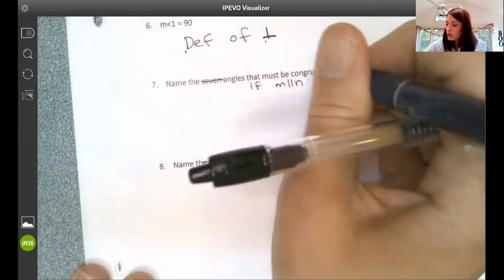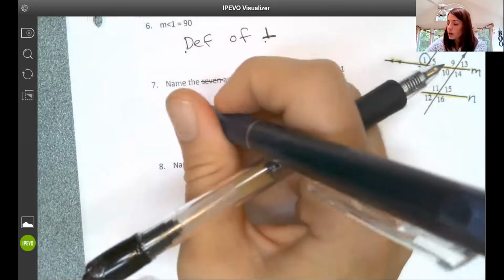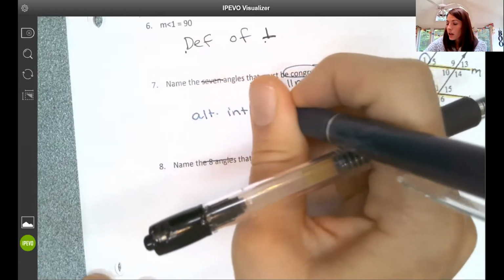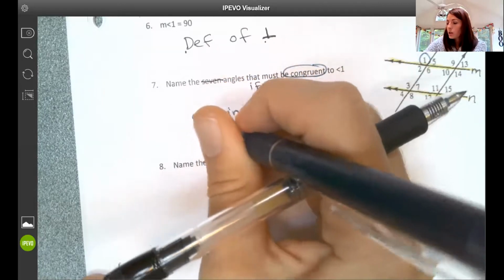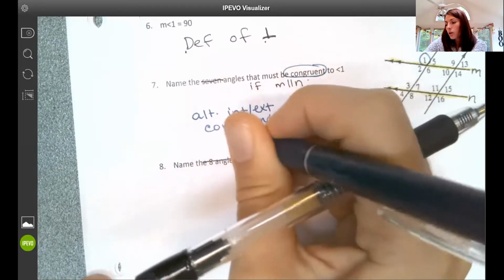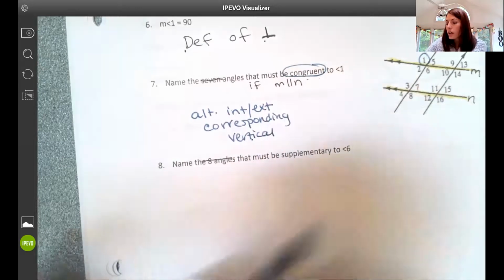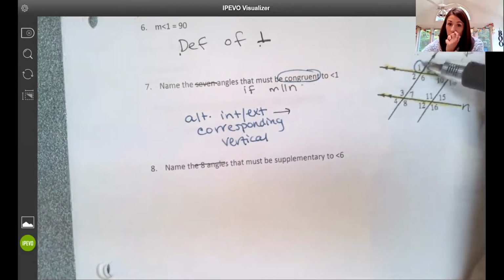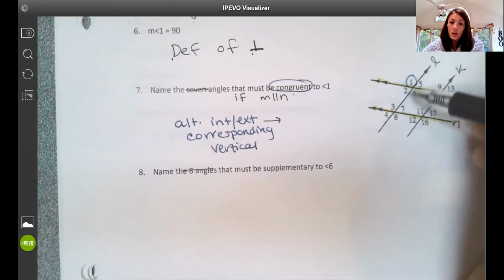So angles that are congruent to angle 1 could be alternate interior or exterior, corresponding, or vertical. Now let's figure out what those would be. 1 is an exterior, so I wouldn't have alternate interior here. I would only have alternate exterior.